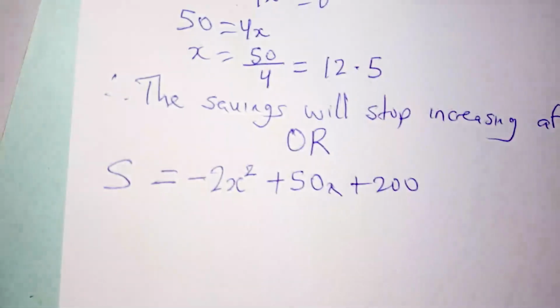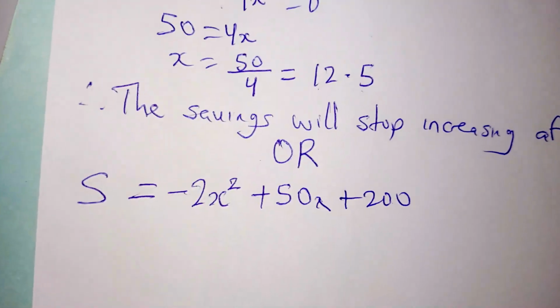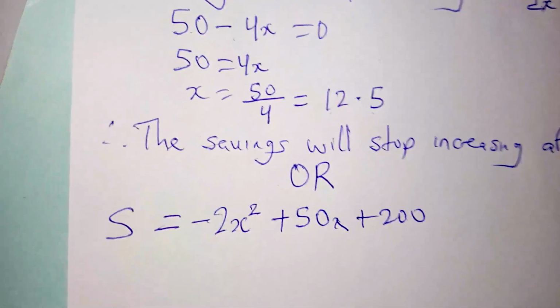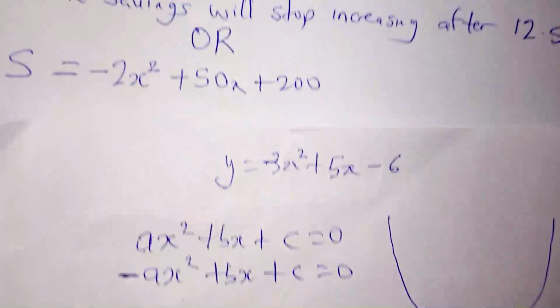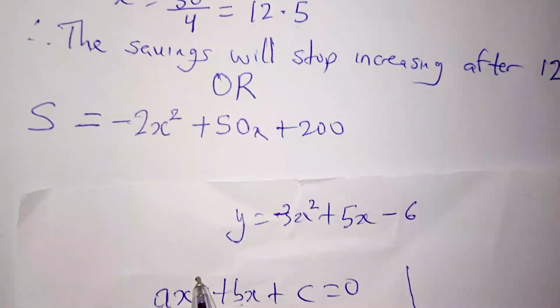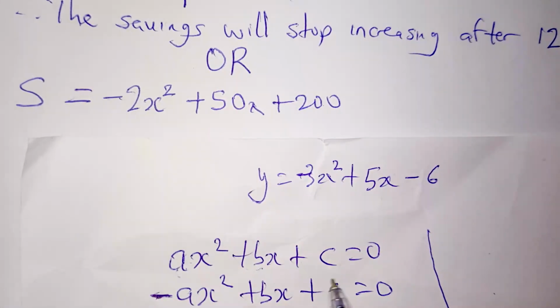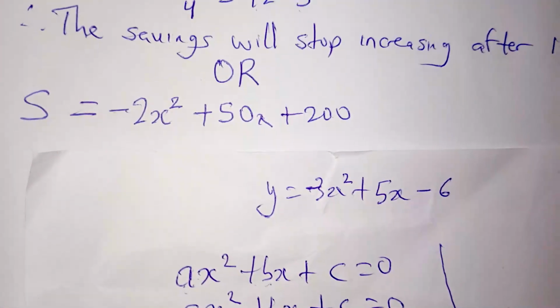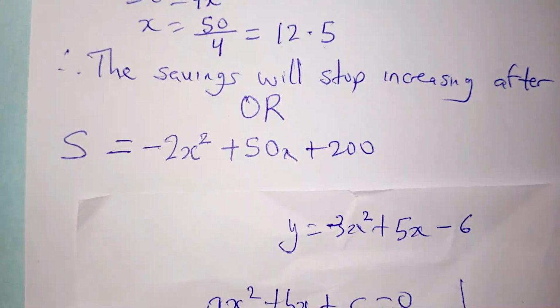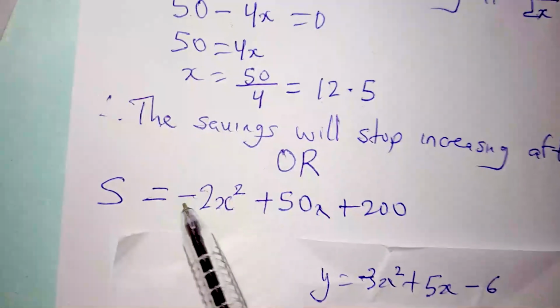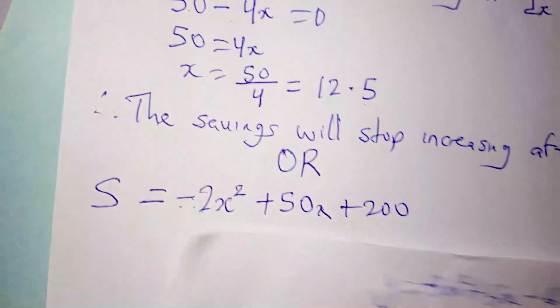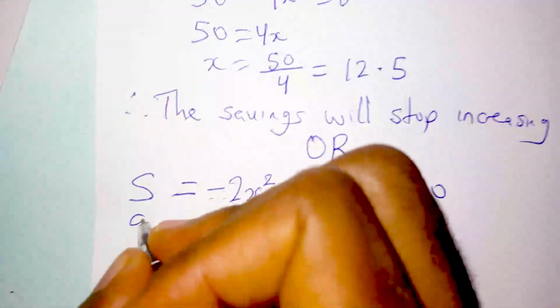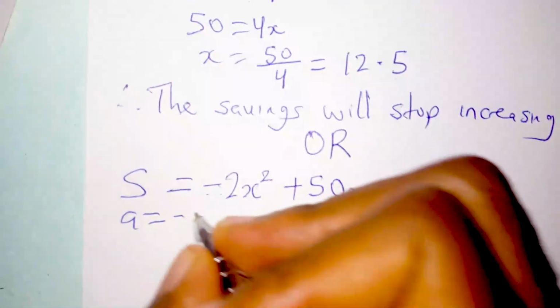So what I can deduce from here is that, comparing with the general form of the quadratic equation, which is ax squared plus bx plus c, just the same way you solve your quadratic equation using the quadratic formula, your a is the coefficient of x squared, which is minus 2 in this case. So a equals minus 2.